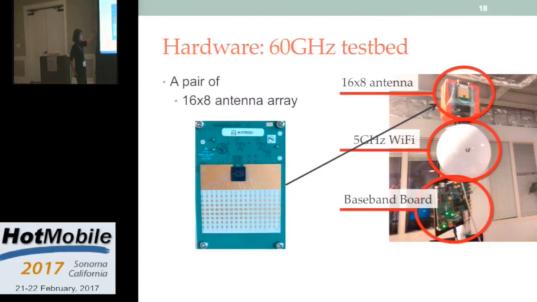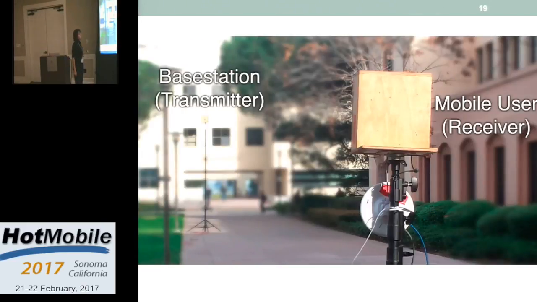So I'm showing the experimental results. We had this setup, a 16 by 8 antenna array, and we could just do steering in the horizontal direction with 16 elements. This is, for example, one of the scenarios on our campus where we emulated the cellular case.